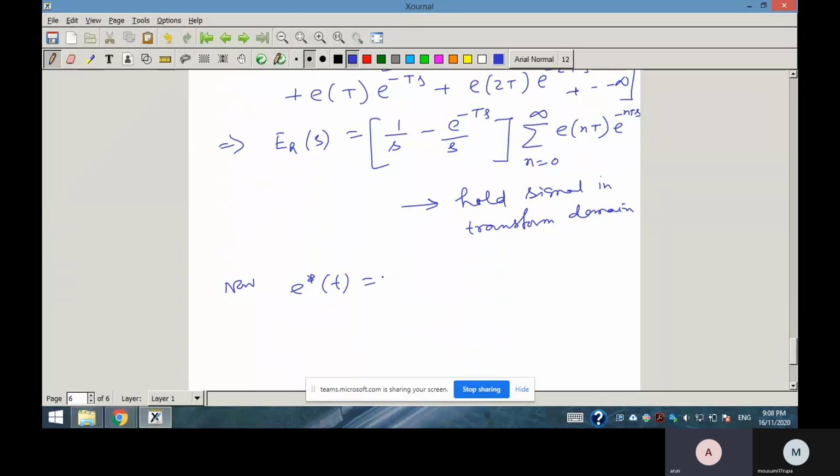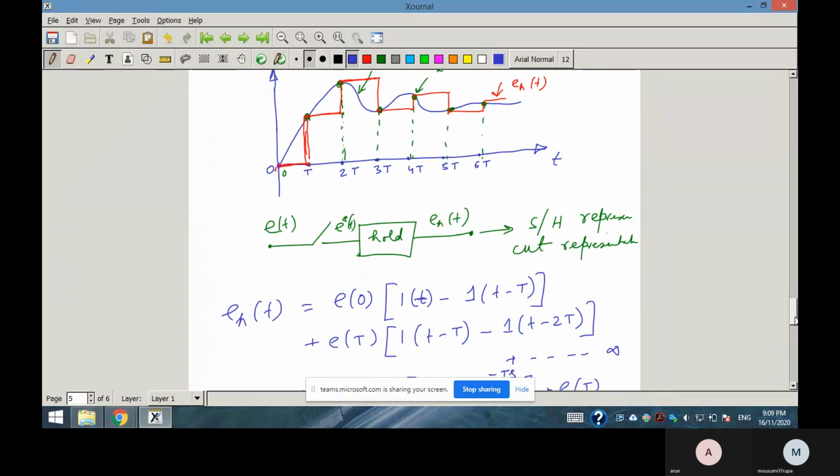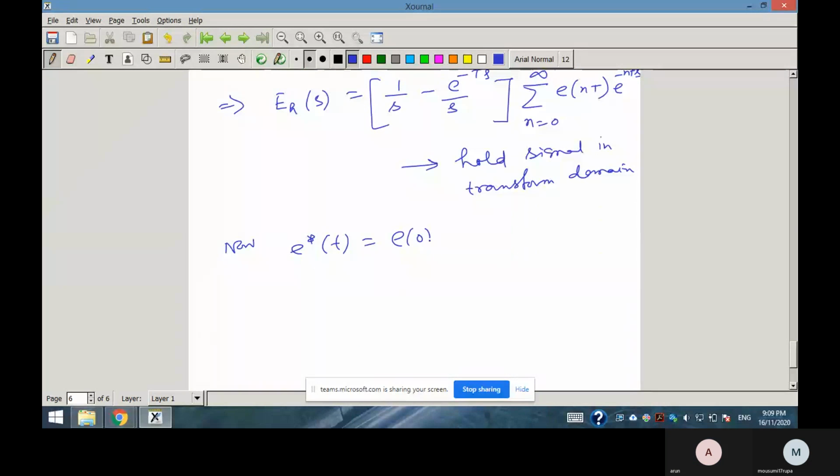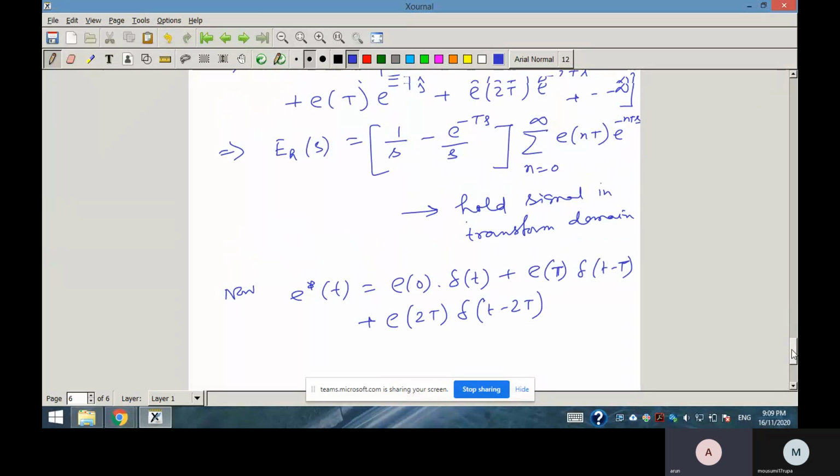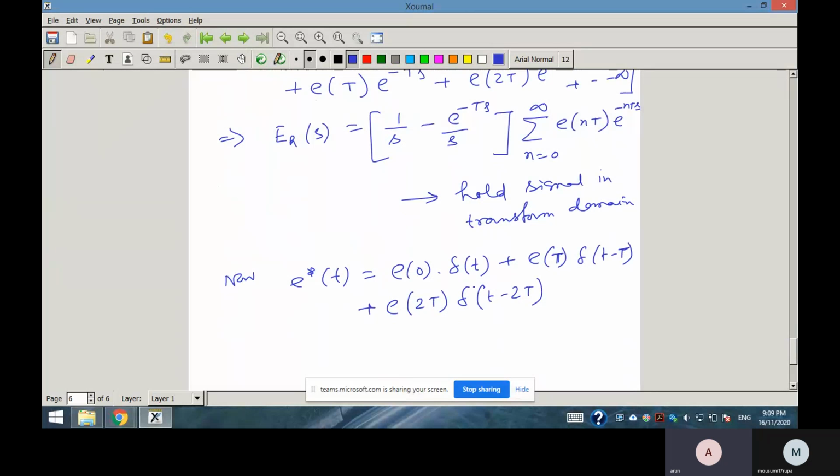You can also represent it like this: E0 into delta(t) plus E(T) into delta(t minus T) plus E(2T) into delta(t minus 2T), because E(T) will appear only at t equal to T. Similarly, E(2T) will appear only at t equal to 2T. So that's why you can represent it like this.